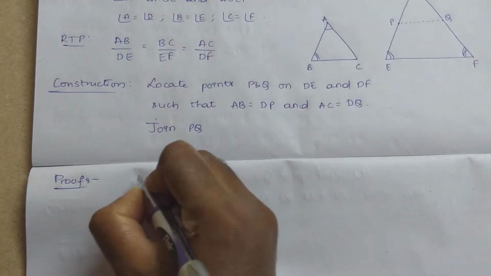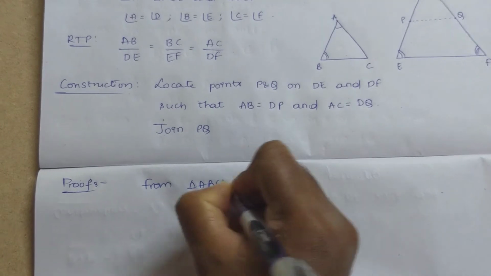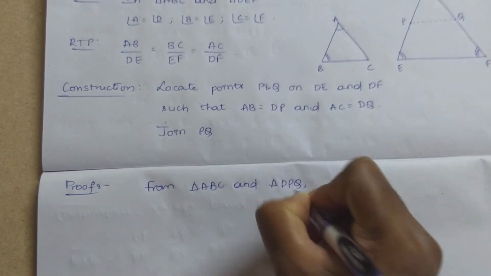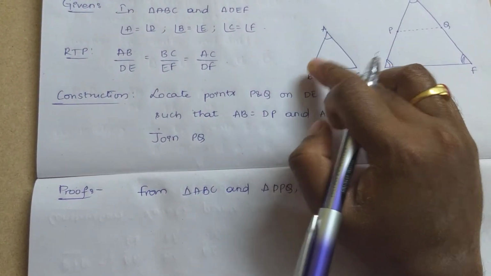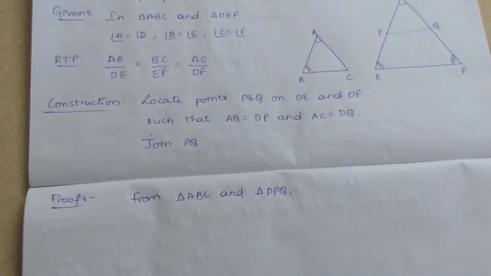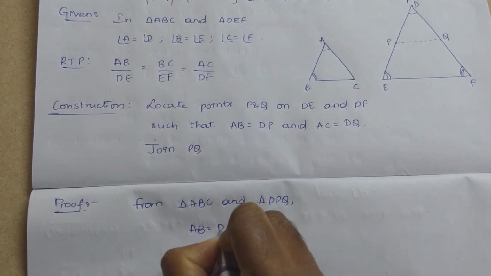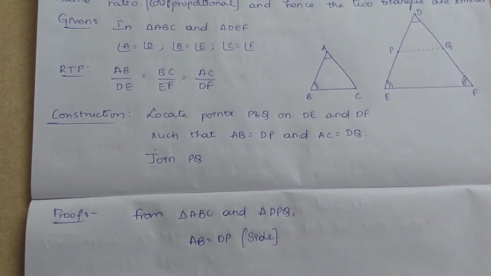From triangle ABC and triangle DPQ, AB equals DP, we got it from the construction part, right? So here AB equals DP, it means one of the corresponding sides is equal.